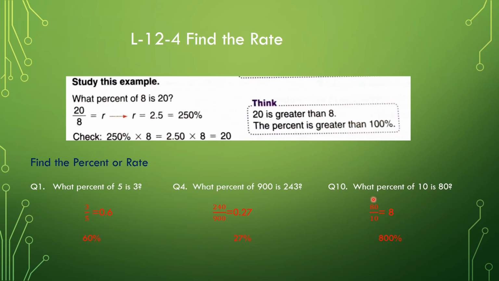And 80 by 10 is 8, and again multiplied by 100, because it is a percentage, it is 800%. Here you can see 0.27, shift the decimal point 1 and 2 places, it's 27%. Here is 0.6, move it 1 place and a 0, 60%. I think it is clear for you.